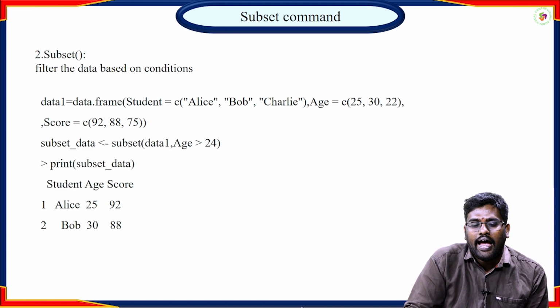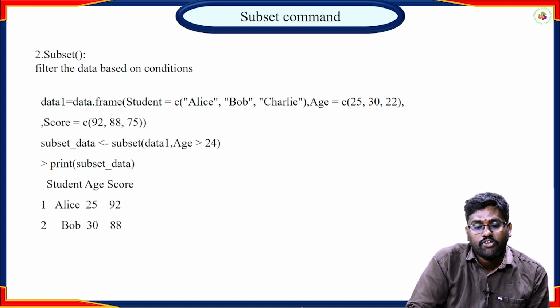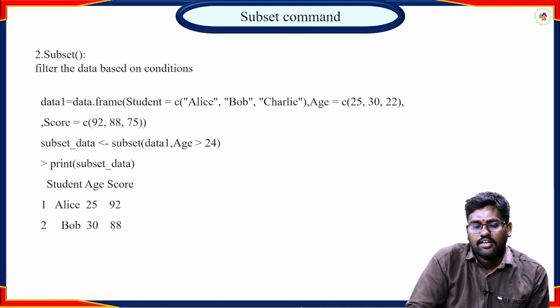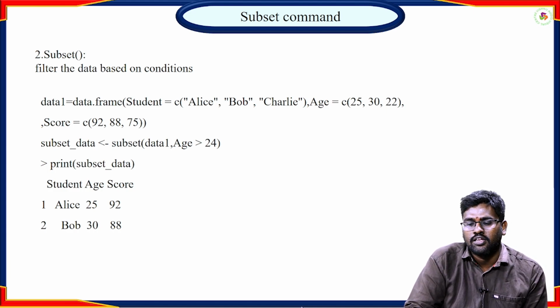See this one. I take data1 equal to data.frame of student equal to c of Alice, Bob, Charlie. These are the 3 students I took here, along with 3 student ages and scores. Then subset_data equals subset of data1 comma age greater than 24. That checks whether the student's age is greater than 24, and only those values are printed. We print subset_data.